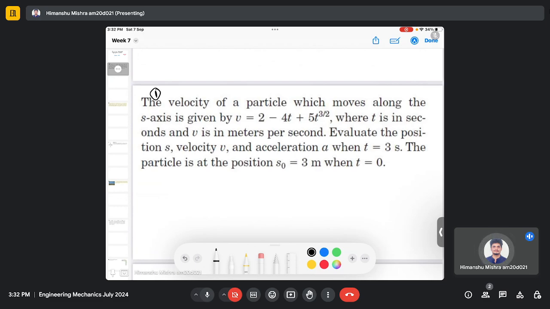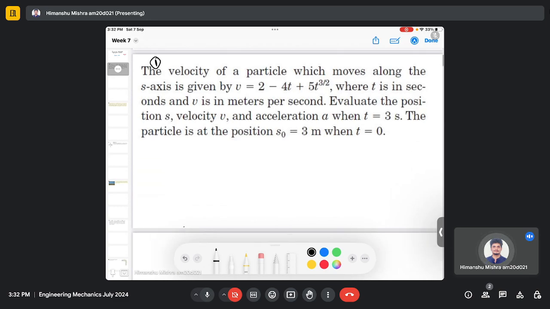So the first problem is: the velocity of a particle which moves along the x-axis is given by v equals 2 minus 4t plus 5t to the power 3 by 2, where t is in seconds and v is in meters per second. Evaluate the position s, velocity v and acceleration a when t is 3 seconds. The particle is at position s naught equals 3 meters when t equals 0.